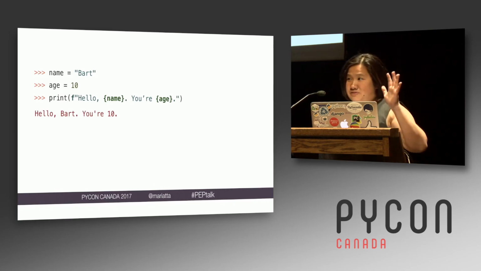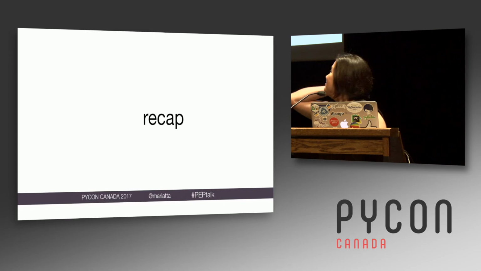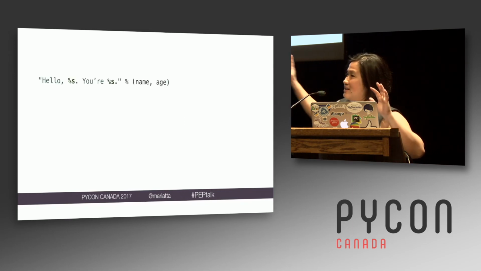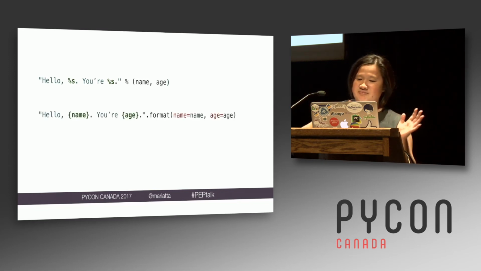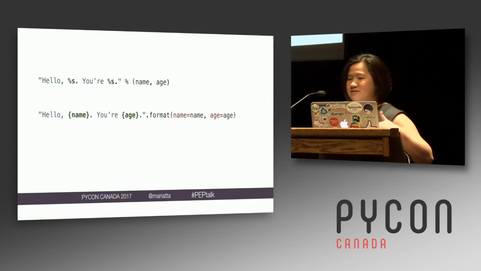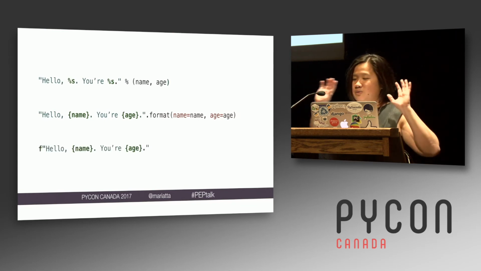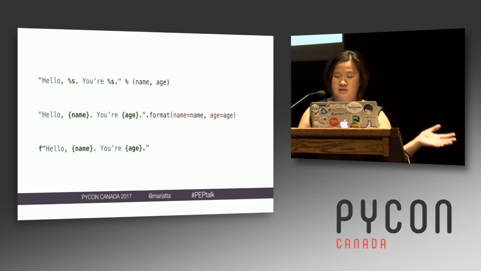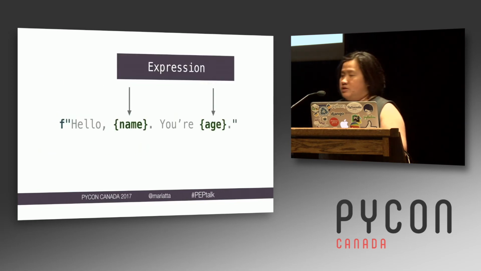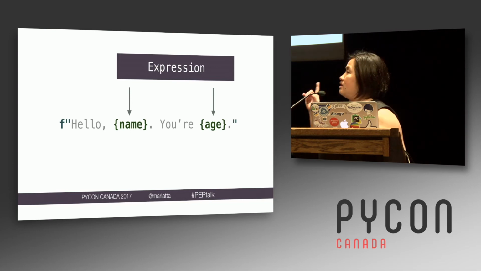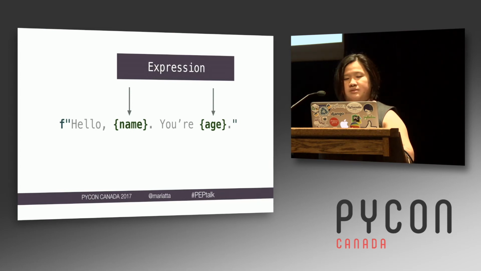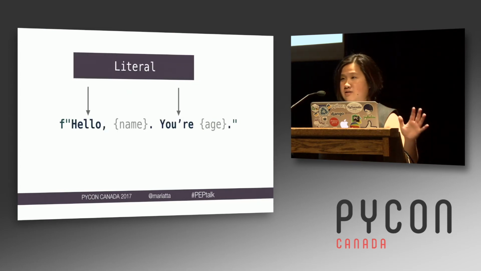Should we review it one more time? So this is %s, with str.format, a little long. With f-strings, it's just so much shorter, briefer, readable. In an f-string, some of the terminologies you should be aware of: things inside the curly braces are called expressions, and everything outside is called literal.